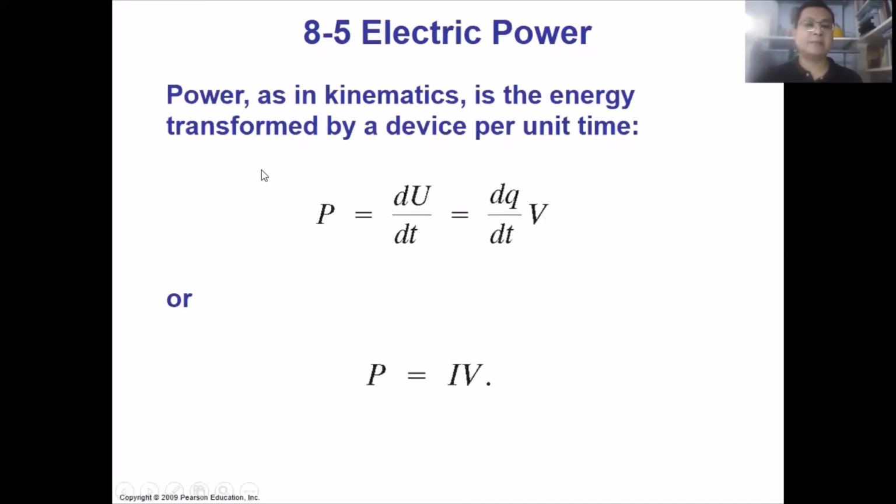Then we can simplify this formula to P equals I, the current, times V, because Q over T is equal to I, the current: charge in coulomb divided by time.